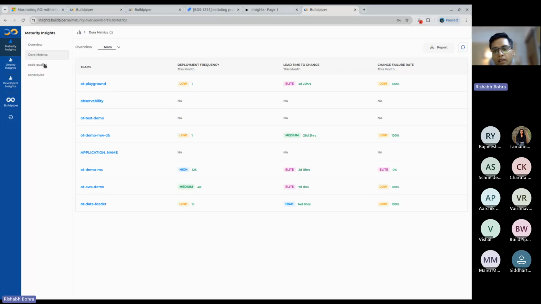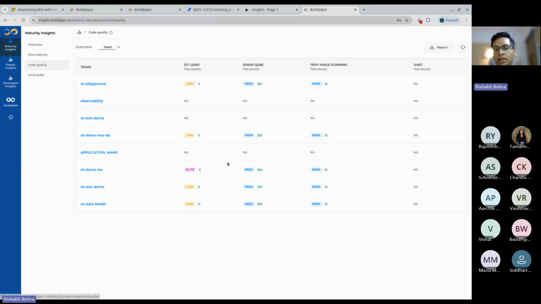This could again be seen for the code quality and the other pillars as well, where you are able to see all these tools that you might be using in terms of security, compliance, etc., and what is the rating out of it. Again, the beauty of this platform is you can set your own standards in terms of the definition of what can be elite for you or what can be high, medium, low for you as well, based on your organizational standards.